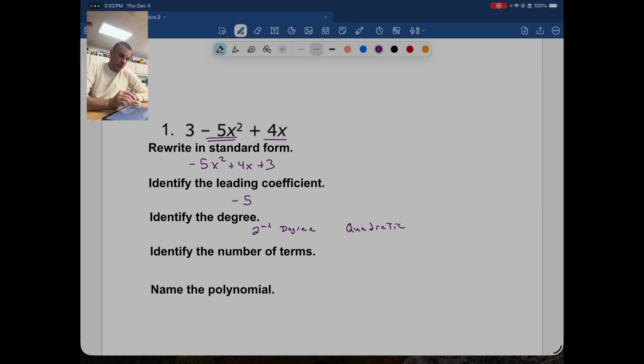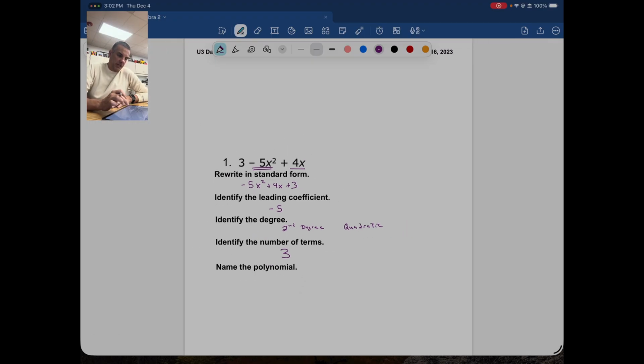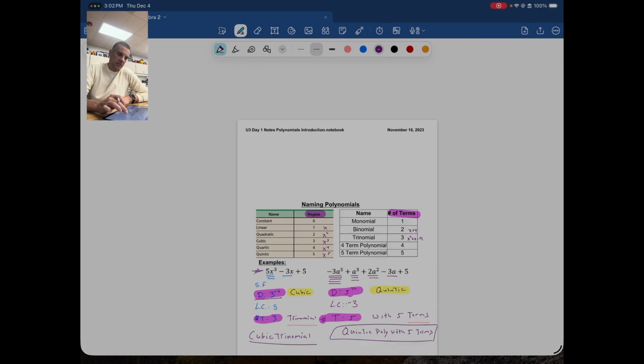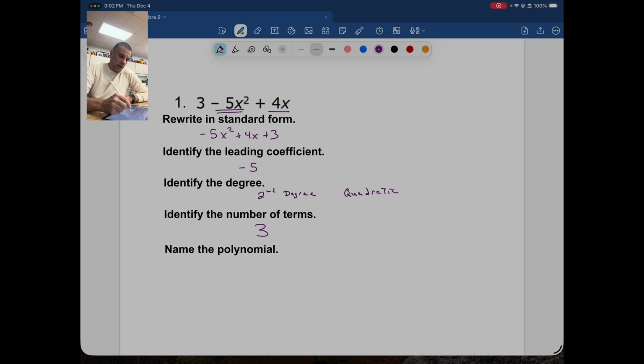And the number of terms: count the terms, 1, 2, 3. It has 3 terms, so it's a trinomial. Name the polynomial: we would call it a quadratic trinomial. And you're done with the example.